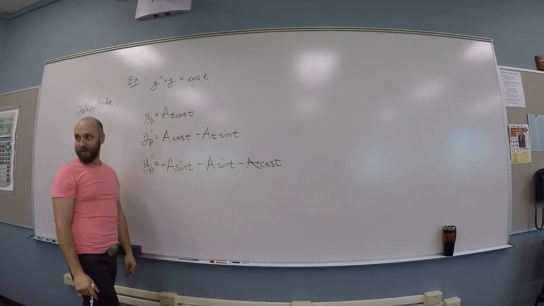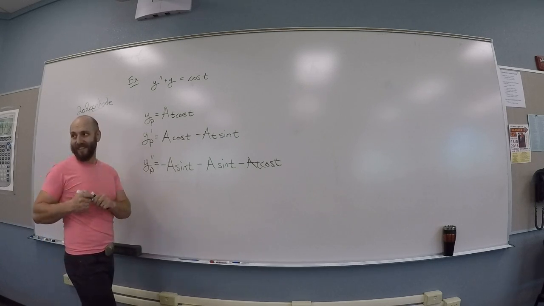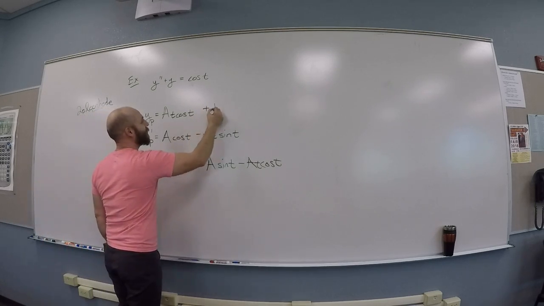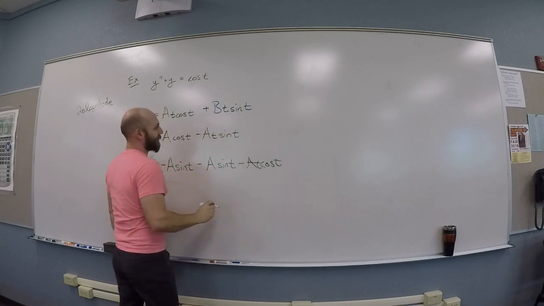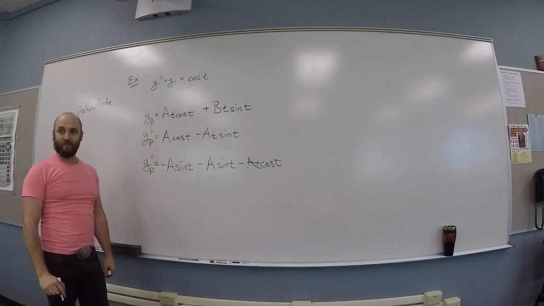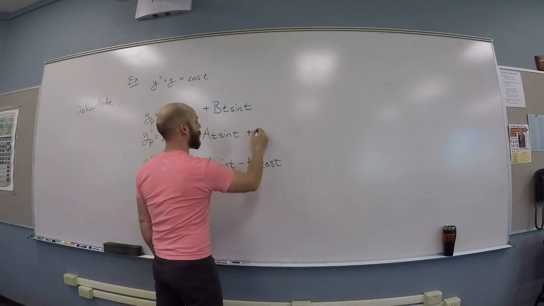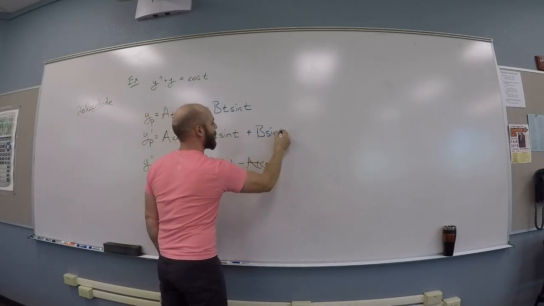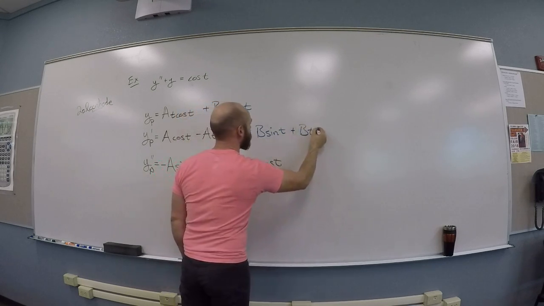Let's just add the sines. So let's add b t sine t. And in my middle term, that's going to add a plus b sine t and a plus b t cosine t.